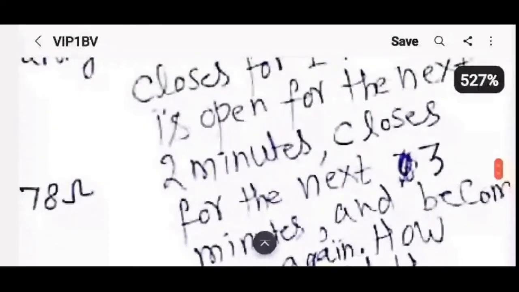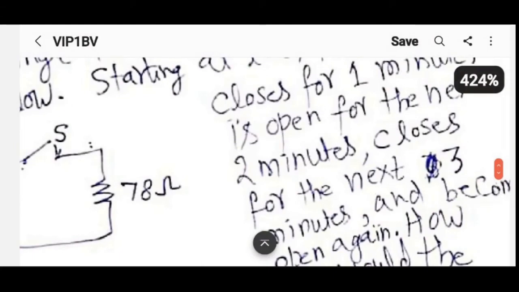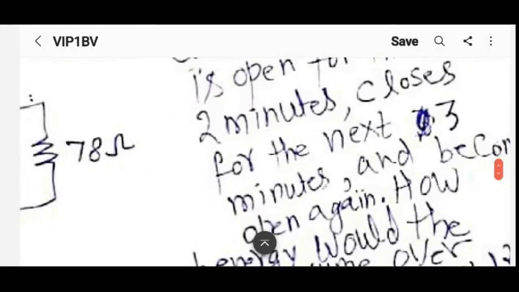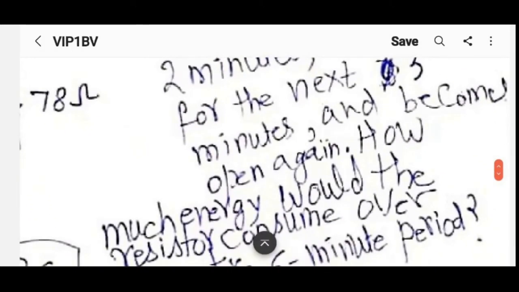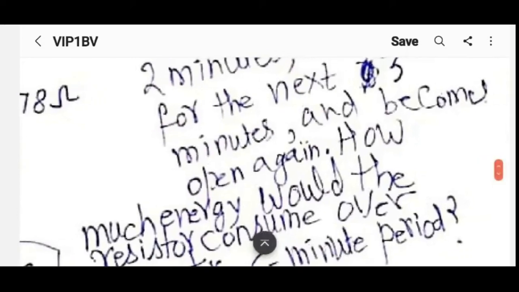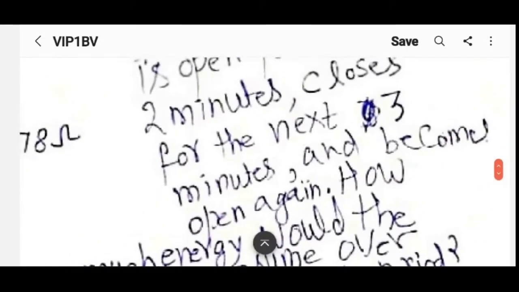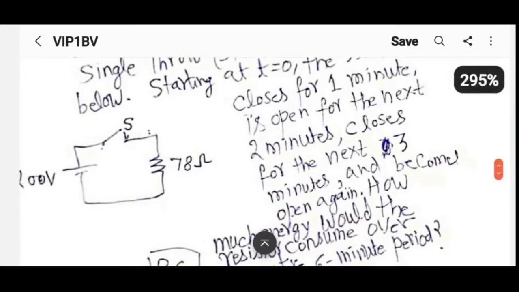So the issue here is that initially the switch is closed for 1 minute, then it is open for 2 minutes, and then it is closed for 3 minutes. So three different modes are there, and after that the switch is opened again.